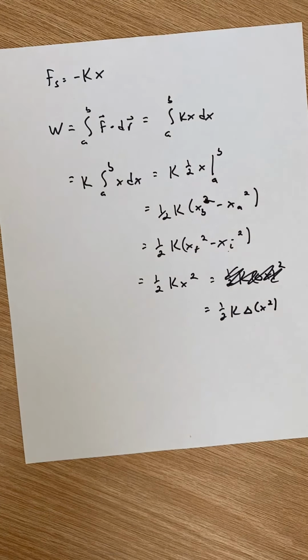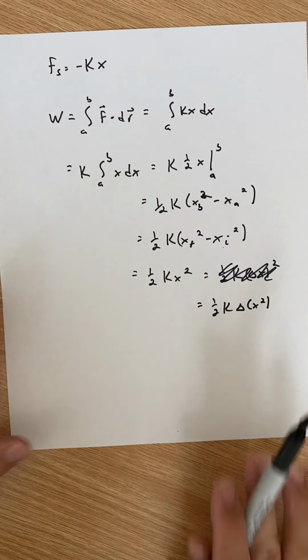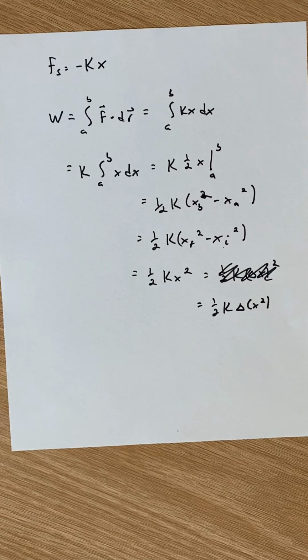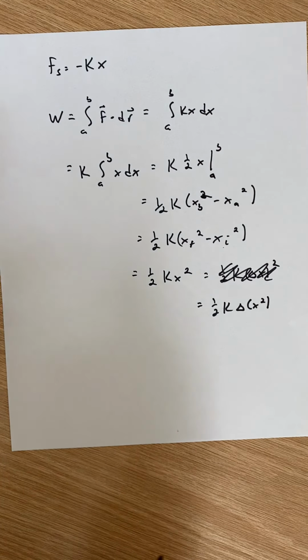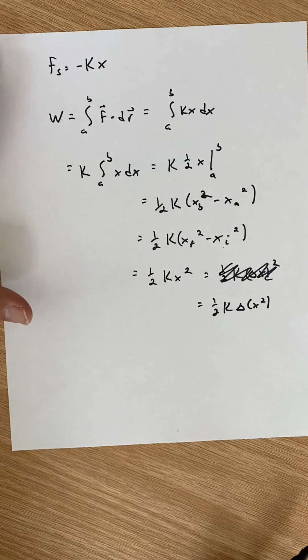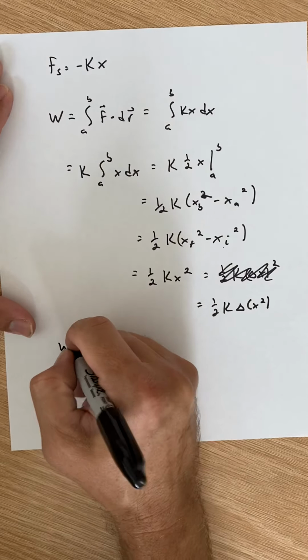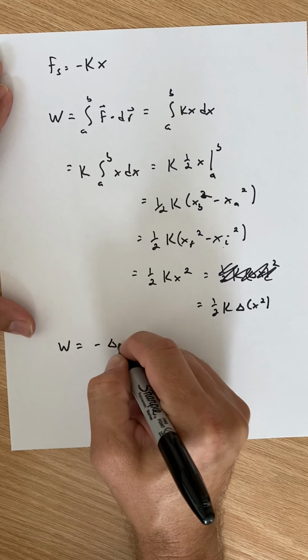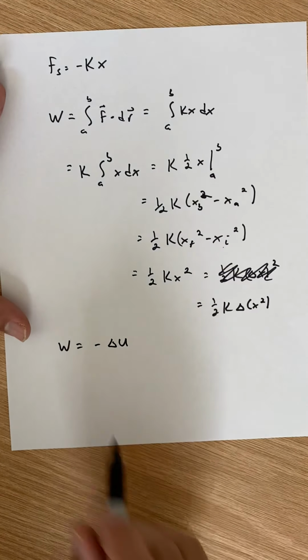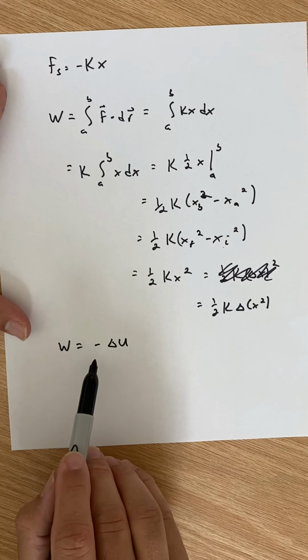Now, here's the punchline. Spring forces, or elastic forces as they're sometimes called, are conservative. So what can we say about that? Well, we can now say that the work done by the spring is equal to, remember from last video, the negative change in potential energy. And again, I'm really playing fast and loose with my negative signs here.